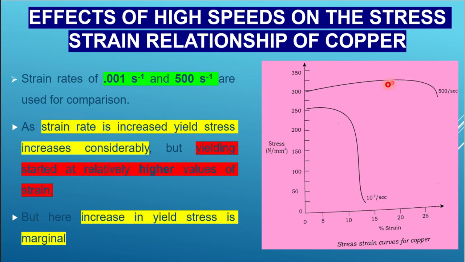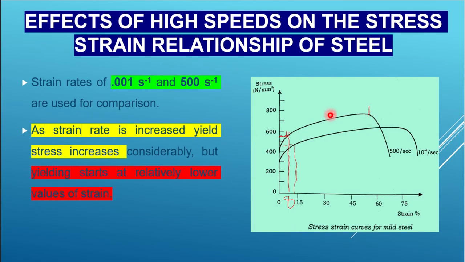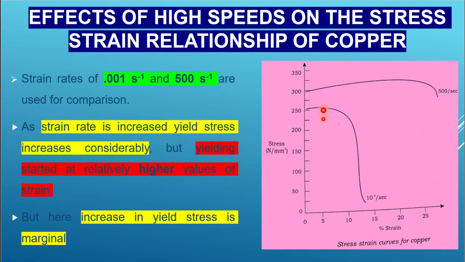Yielding actually starts at relatively higher values, and the increase in the yield stress is marginal. That is the major thing. In the previous slide, yielding started at relatively lower values of strain, while here yielding starts at relatively higher values of strain, for copper.